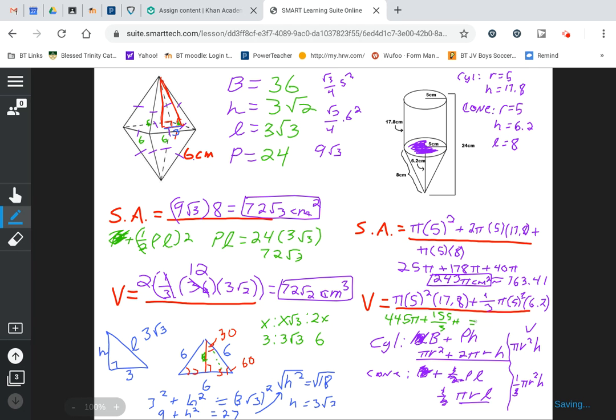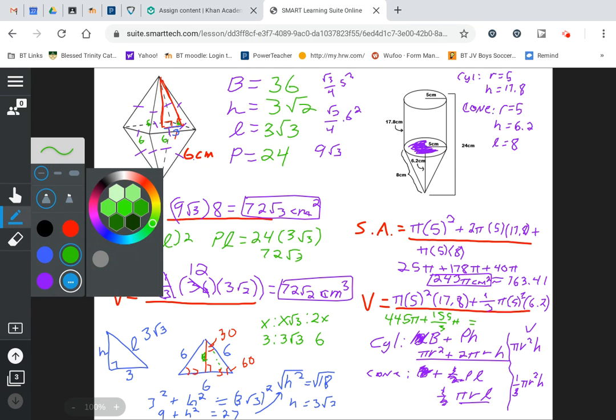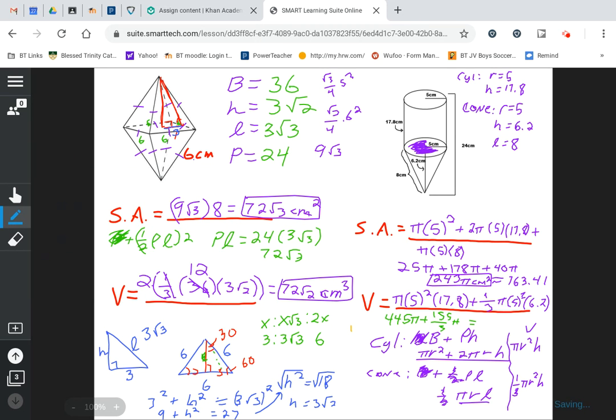Now, if I was looking for an exact value, that would be fine, or I can do 445 times 3 and then add the 155, so it'd be 1490. That would end up being 1,490 pi over 3 as a non-decimal.